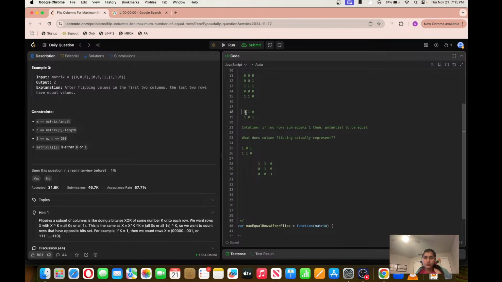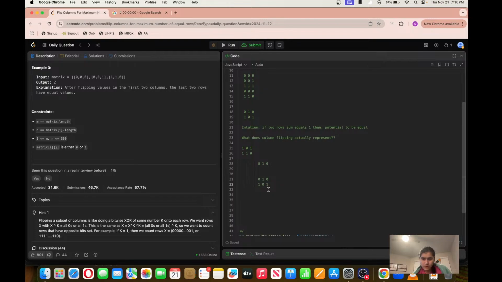So for this row, 0 1 0, for any row to be equal to this row, it should be either 0 1 0 or 1 0 1. Only then will it be equal. Only these two rows can be equal to this.